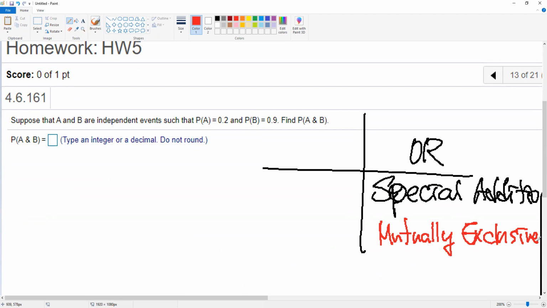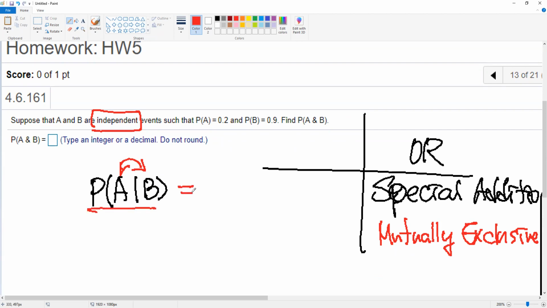But now, for the special case, they must be independent. Independent means that the conditional probability of A given B will be the same as just A, because they are independent. So because of that, the special multiplication rule for the probability of A and B.